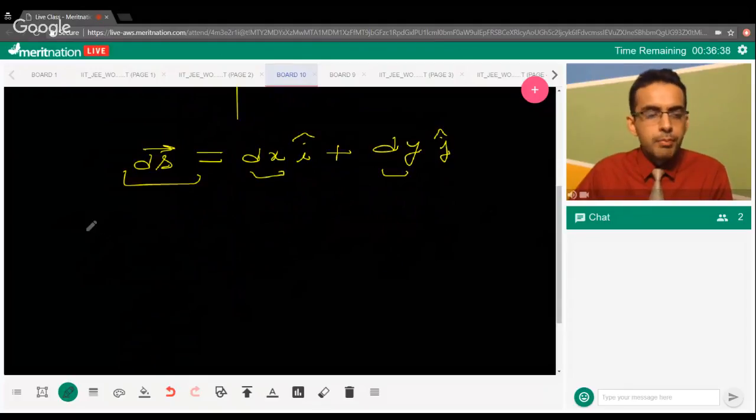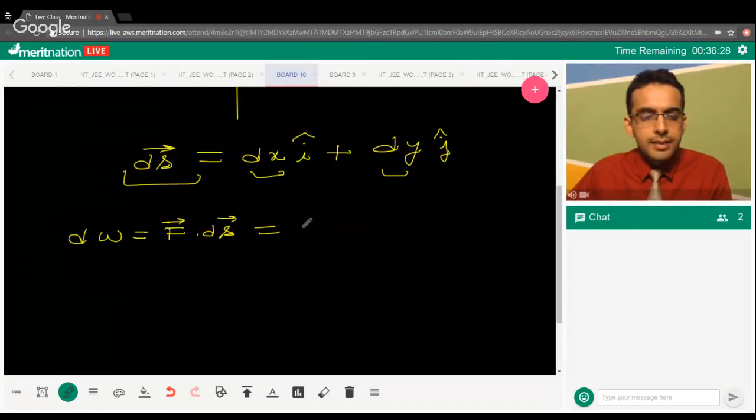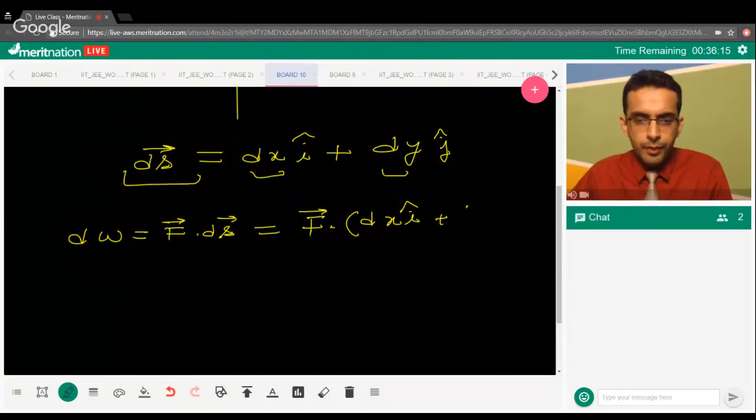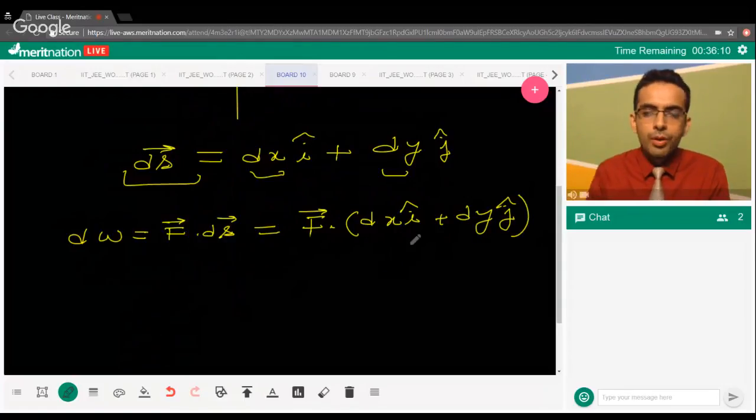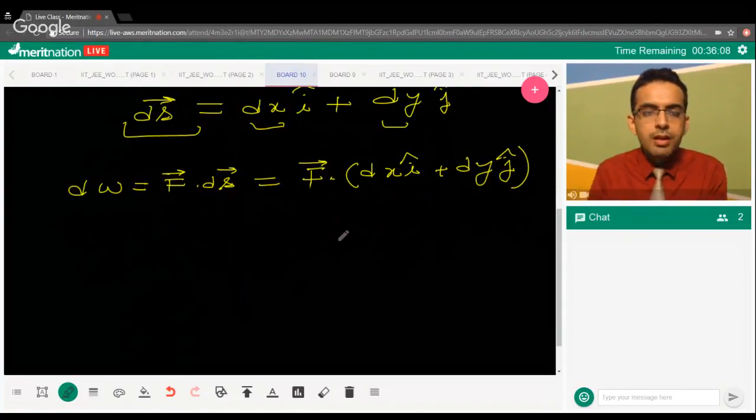Okay. So now when we have to find the total amount of work done, we integrate. But first of all, find a small amount of work done, and that is equal to f dot ds, or I can write it as f dot (dx i cap plus dy j cap), right? So students, as you have learned about scalar product, suppose this force has two components.